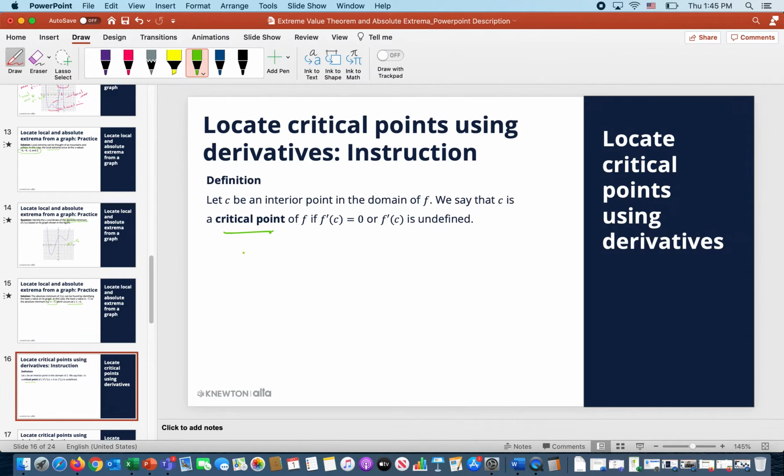In other words, if I say find a critical point, we want to know when does f prime of x equal 0, or when is f prime of x undefined. Okay, so in either of those cases, we have critical points.